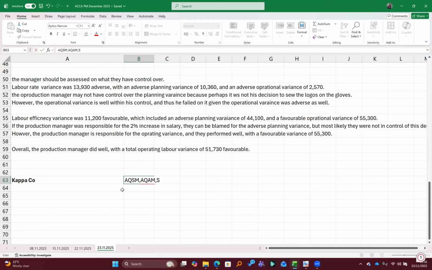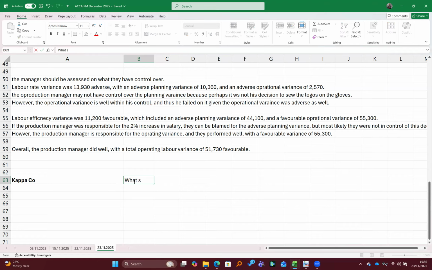So we also have standard quantity, standard mix. We can use these, but if you don't know them, you can just say what should have been used.